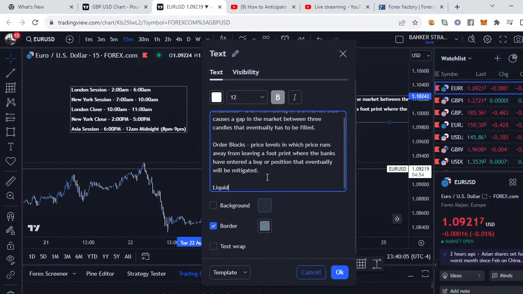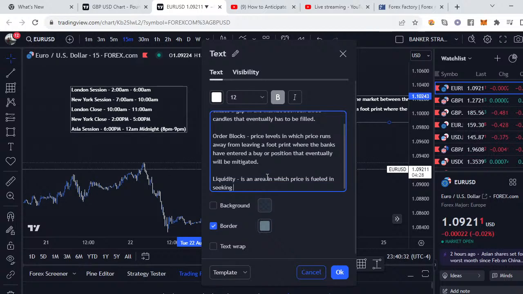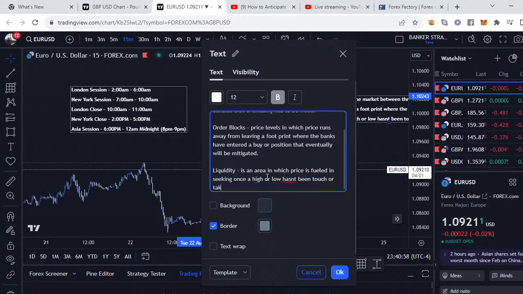And last but not least, liquidity. Liquidity is an area in which price is fueled in seeking once a high or low hasn't been touched or taken.